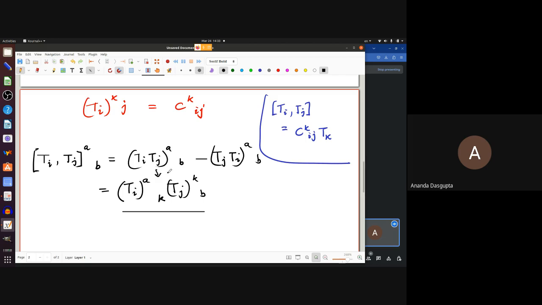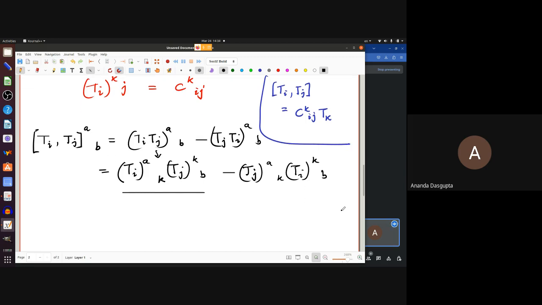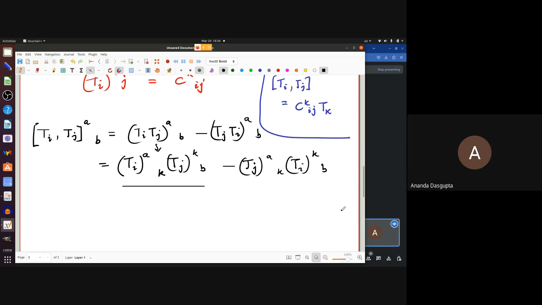Mine is the same thing with Tj AK, Ti KB. Is that okay? This is just matrix product, nothing else. I'm just rewriting the formula for how you multiply matrices. And then replace this TiAK with CAiK. This is CKjB minus CAjK CKiB.